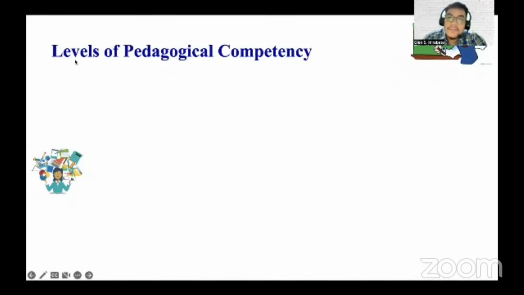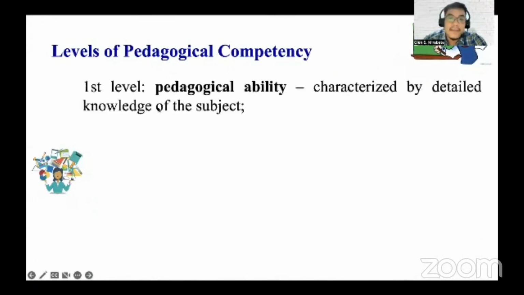So in improving instruction when it comes to levels of pedagogical competency, we have here the ability. It's characterized by detailed knowledge of the subject. So if we have detailed knowledge of the subject, that means we know what to teach. We know inquiry-based, we know reflective thinking. So we already have the idea on how to implement this.